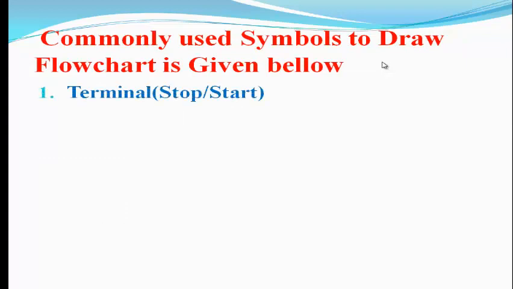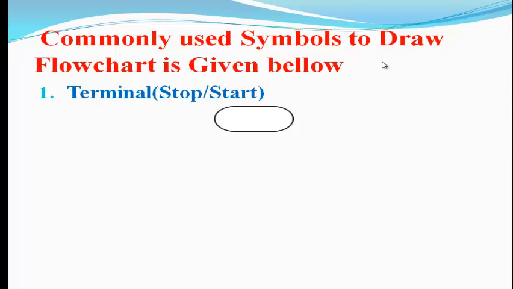Let's first see the terminal symbol. It's also known as start and stop. This symbol is used to represent a start and stop process. It is also known as the oval symbol.